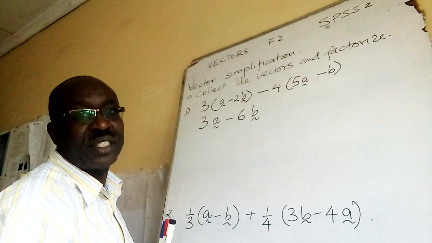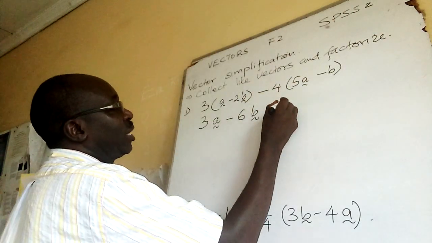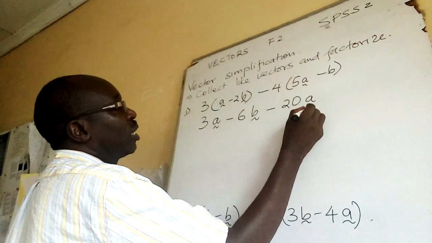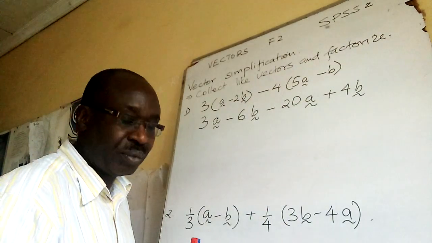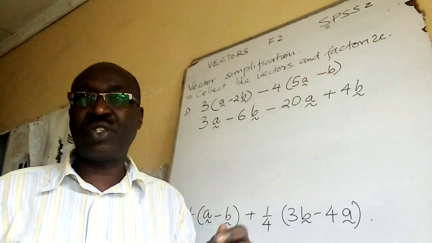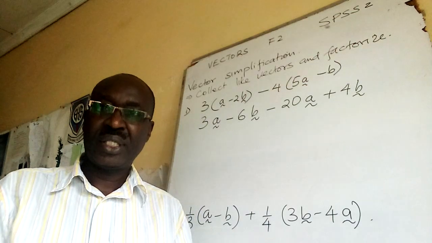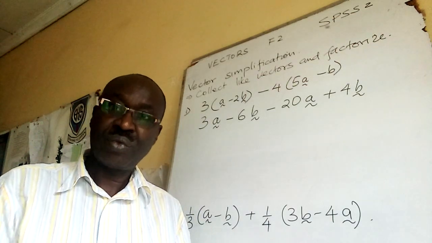Then you have this. Take care now. Minus 20a and then plus 4b. Now look, this is negative times negative, that gives you positive. This is very essential.